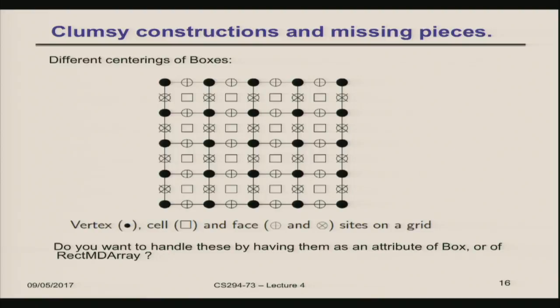Why is that important? Because, for example, what it means to coarsen is different depending on these centerings, and also what it means to be nested is different depending on what these centerings are. Do you want to handle these by having it be an attribute of box or a rectMD array? In the other version, in the thing that this is talking to, these are attributes of box.